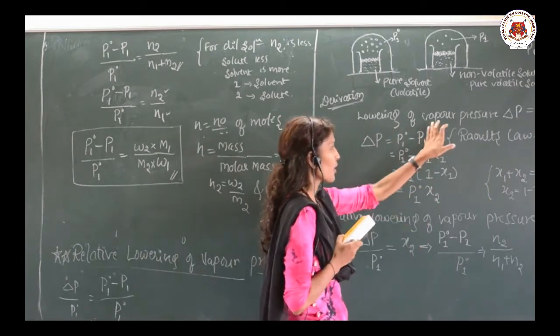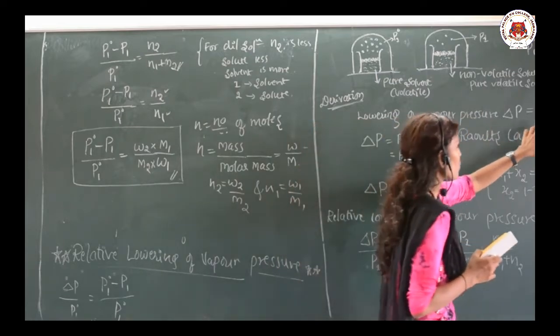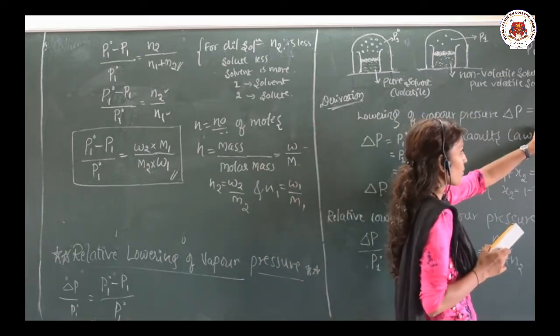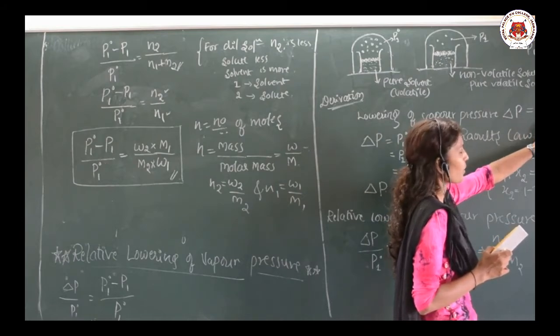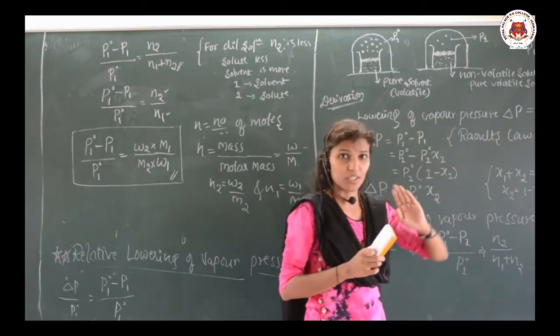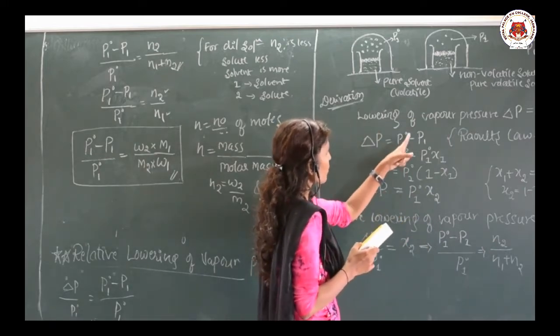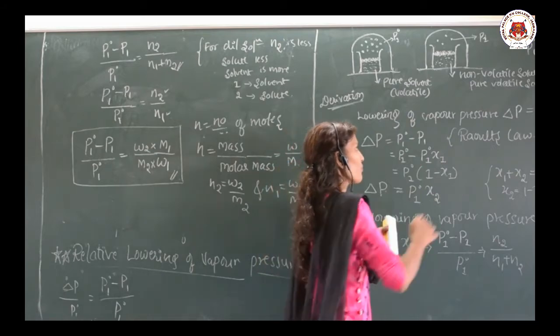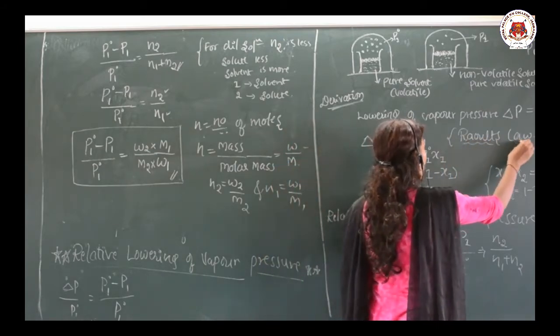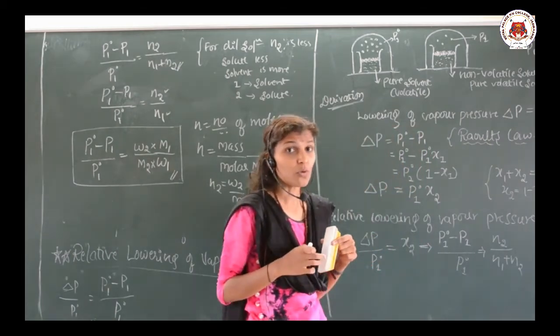The lowering of the vapor pressure can be defined as the difference between the vapor pressure of the pure component and the vapor pressure of the solution. Sometimes they are going to ask you the definition also. Then delta P is equal to P1 naught minus P1, and according to Raoult's law, P1 can be written as P1 naught into x1.